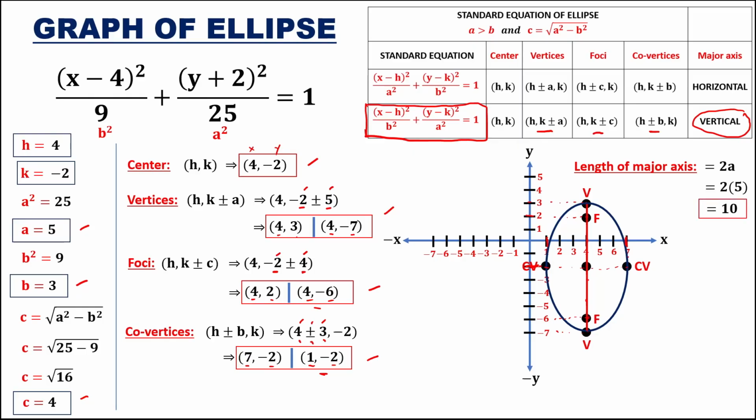And to find the length of this minor axis, this is 2 times B and B is equal to 3. So this is 2 times 3, therefore the length of this minor axis is equal to 6.